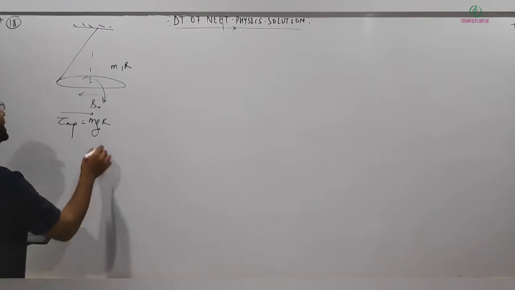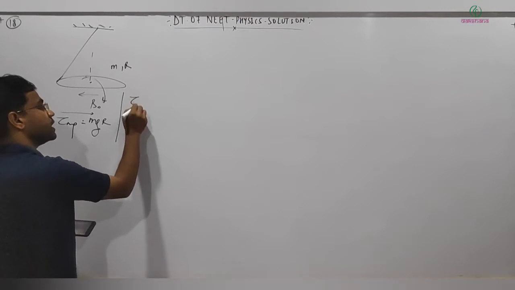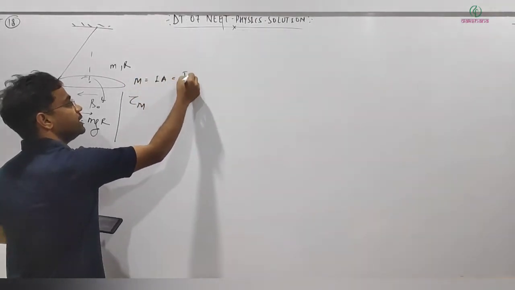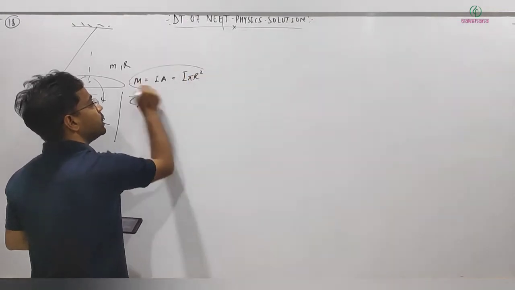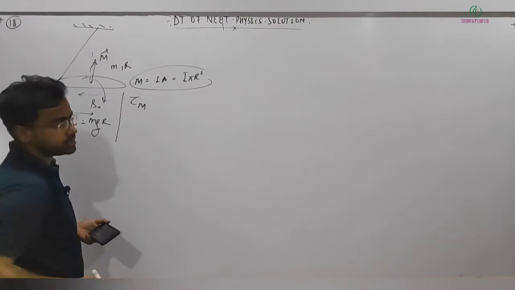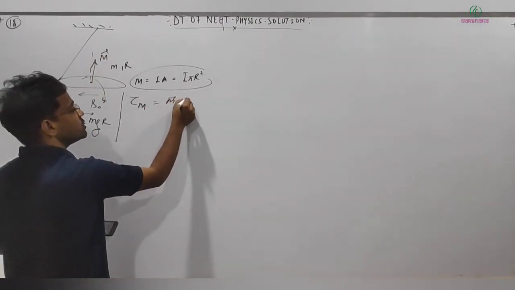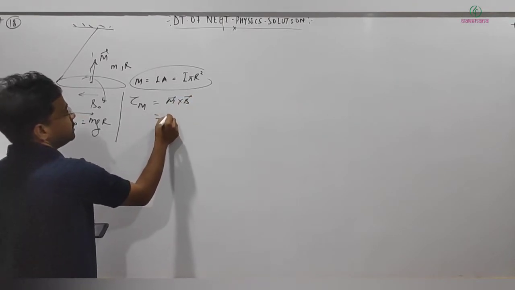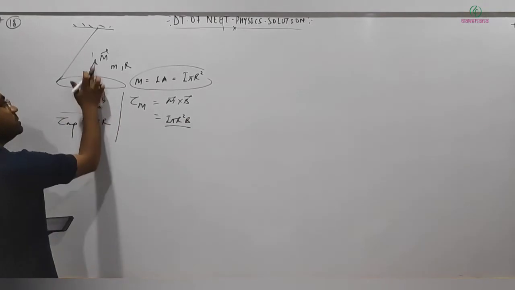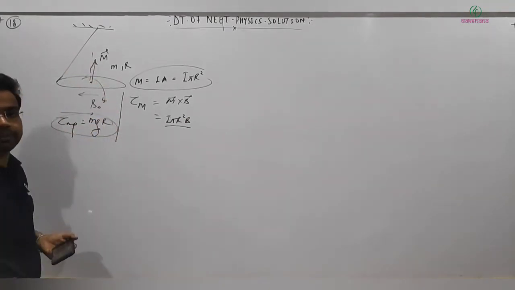And tau due to the magnetic moment, I will write m, and the magnetic moment is given as I into A, that is I into pi r square, and that will be acting in this direction of m bar, and the magnetic field B. Then tau is equal to m bar cross B bar, that we can write as m B, I pi r square into B, and m cross B, we can see its tendency is just countering the opposite of this.